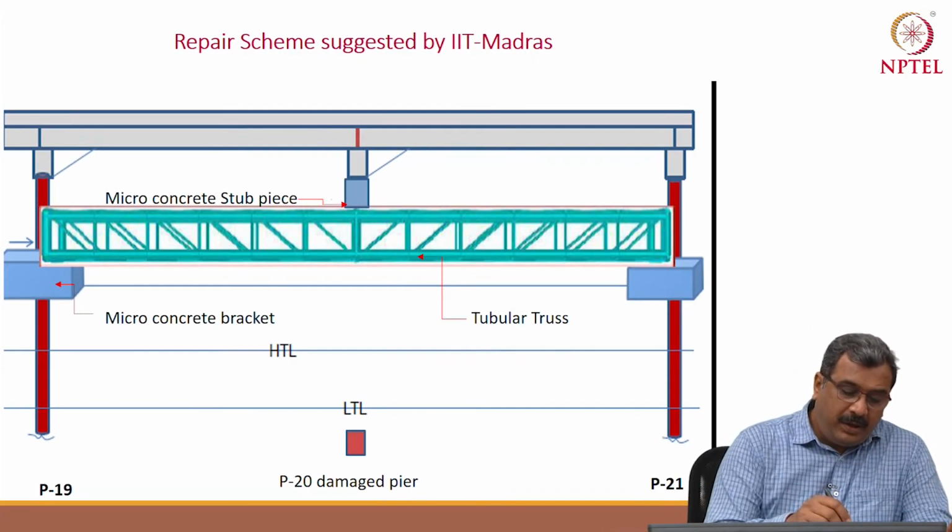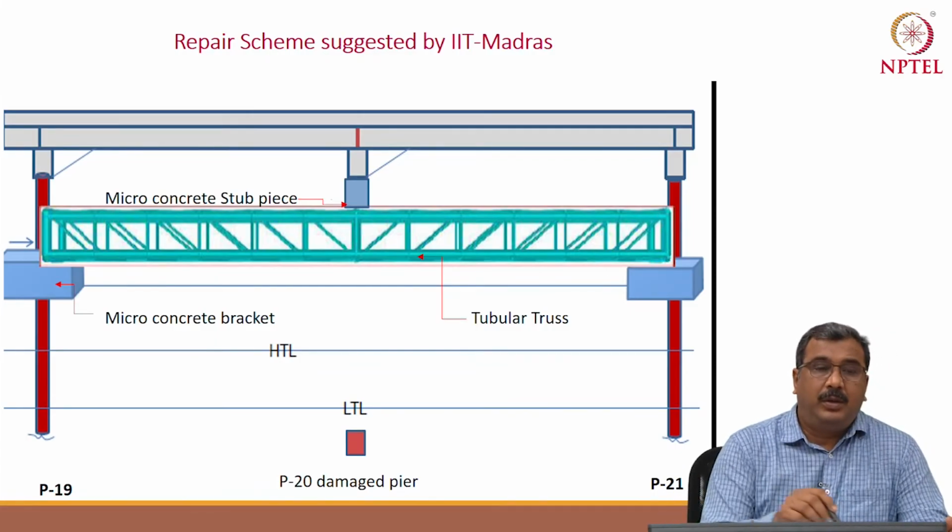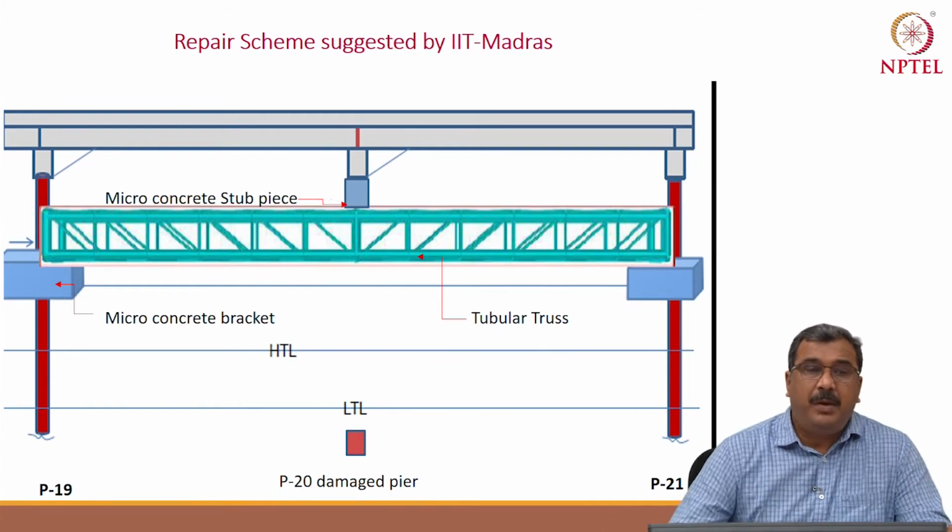Also, analysis has been done that these two piles are capable of taking the 50% load from the missing pile.